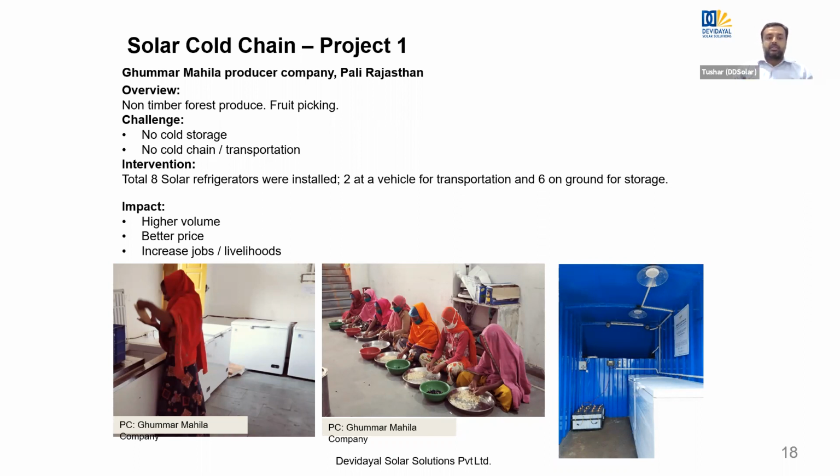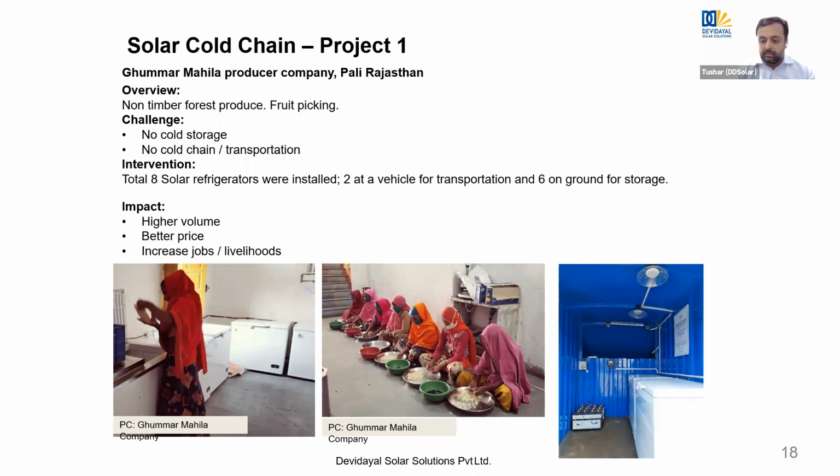Once they picked this local fruit called sitafal, they would scoop it out, and they would need to sell it in the retail market. About 40 kilometers away, there was a town called Udaipur.